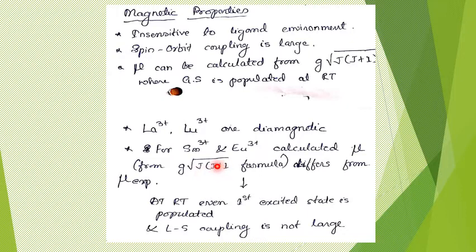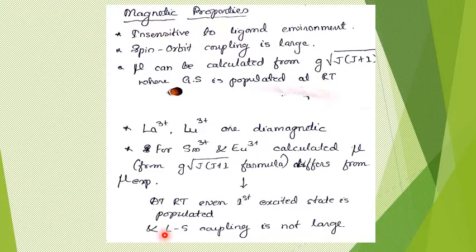But at room temperature, if the first excited state is also populated, then what you calculate from the values of the ground state will not hold good, definitely. And for this reason, you cannot make use of this formula, or even if you do, the results will not be accurate, especially for these two ions, samarium 3 plus and europium 3 plus.